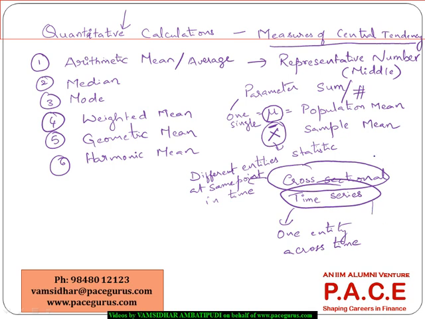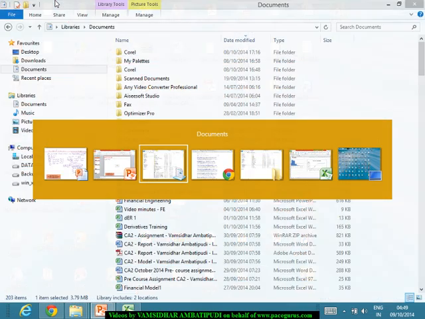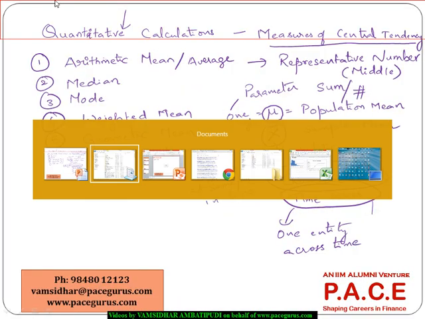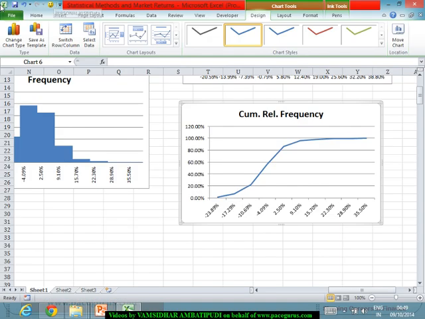Whereas if I am taking the data of different entities at the same point in time, I call it cross-sectional data. And I can compute the mean for both cross-sectional as well as time series data. Now, let's try to compute the mean for the data and see what we can infer from it. So let me use the data which we have used for the graphical purposes as well.